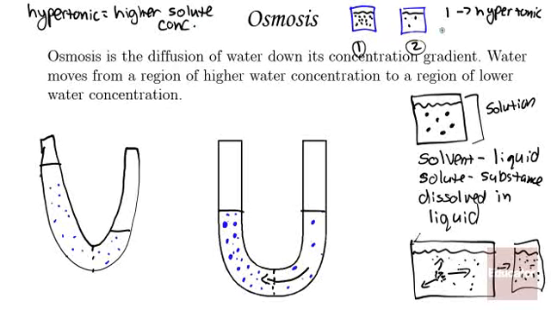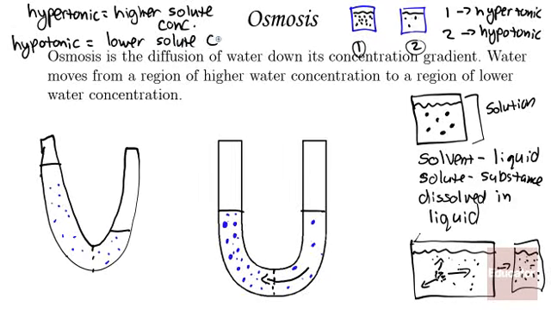Hypotonic is the opposite. I say that 2 is hypotonic relative to number 1. So hypotonic indicates a lower solute concentration. Looking over here, this side, number 1, is hypertonic.